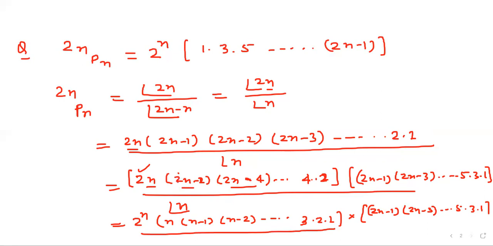And we know that factorial n can be written as n, n minus 1, n minus 2, dot dot dot till 3, 2, 1. So here this term will cancel out, and we will be left with 2 power n times 2n minus 1, then 2n minus 3 till 5, 3, 1, which is our answer.